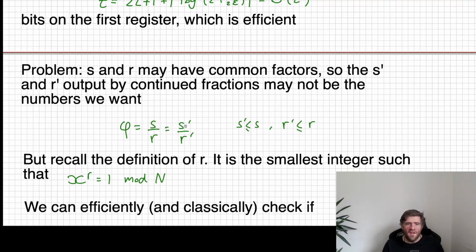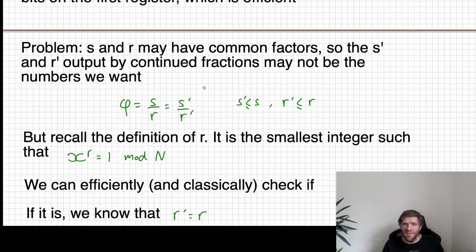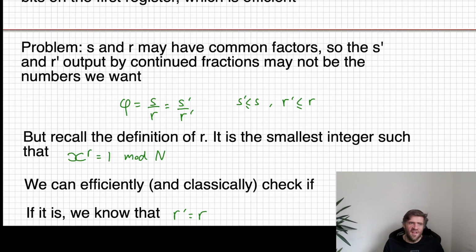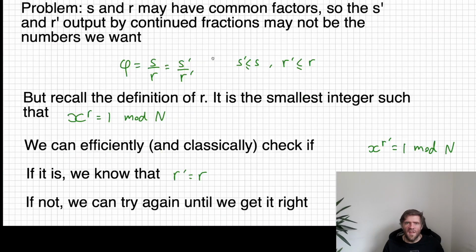Also, it should be noted that we can efficiently check whether a result that we have been given by this algorithm is correct, because all we have to do is take a given solution for what R is, let's call it R prime, and then we can do x to the R mod n, and we can see if it's 1, because if it is 1, then that's what we wanted, and if it's not 1, then it's not.